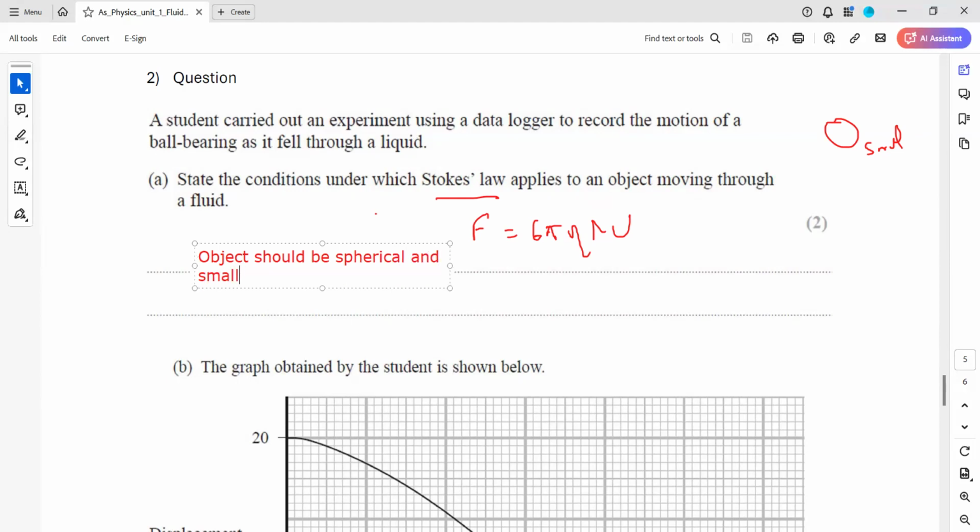And the second thing: the fluid flow around the object should be laminar. If it is a turbulent flow, then we cannot apply this.